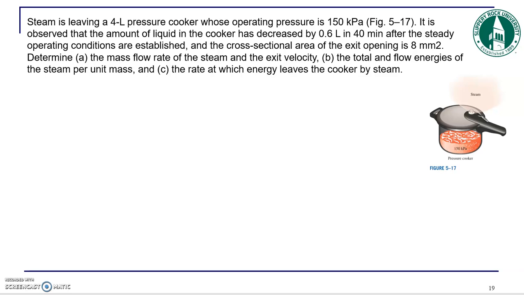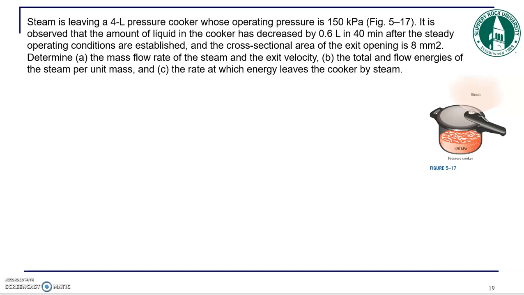All right, so let's do this example. We have steam living a 4-liter pressure cooker whose operating condition is 150 kilopascal. So the pressure inside this pressure cooker is 150 kilopascal, and it is observed that the amount of liquid in the cooker has decreased by 0.6 liter in 40 minutes.